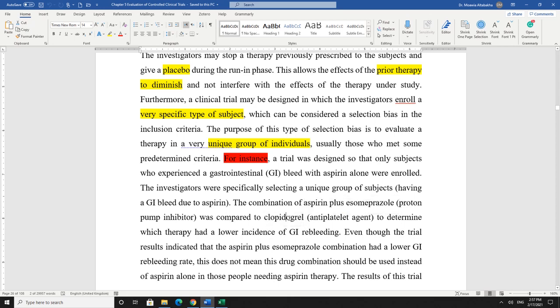Okay, so can they continue with aspirin and take esomeprazole? Will this be beneficial, or should they switch to clopidogrel?